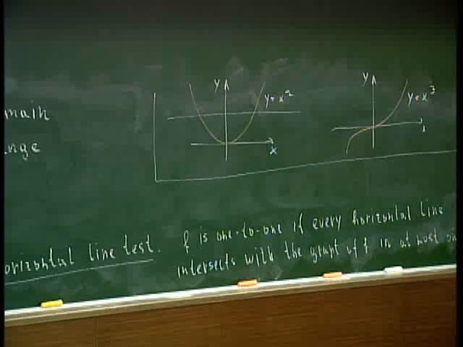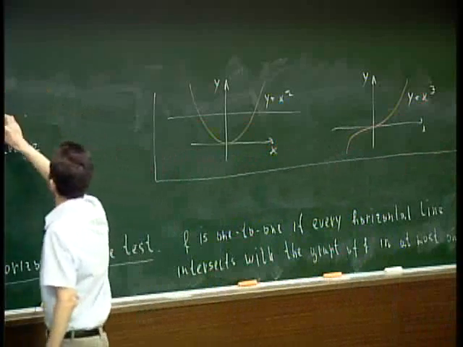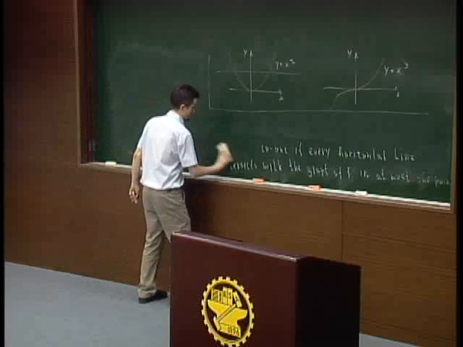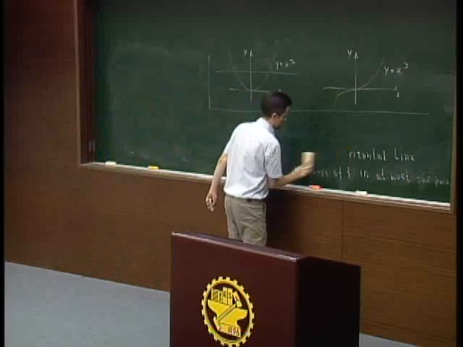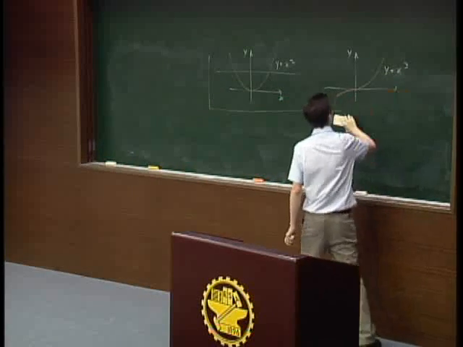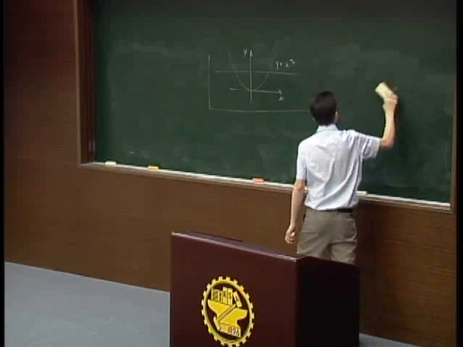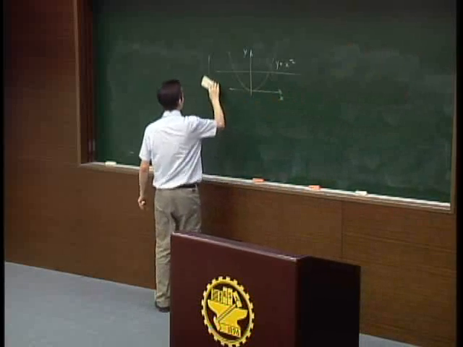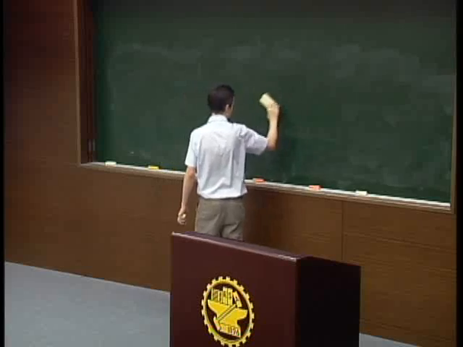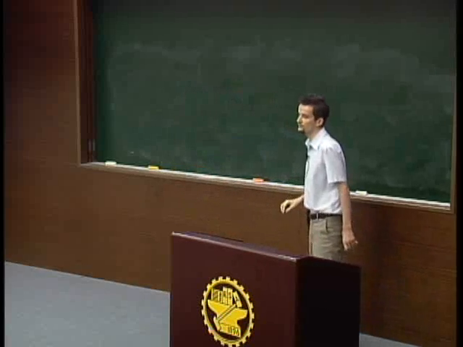If you change the domain, maybe the function becomes 1-to-1. And as I said, the important thing about 1-to-1 functions, that's why you discuss them in high school, is that those are the functions which have the inverse.